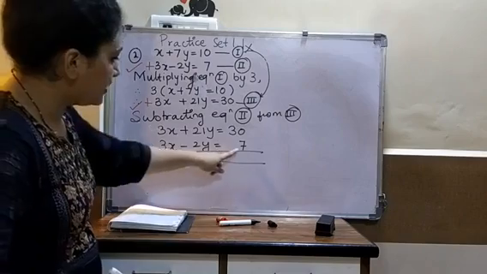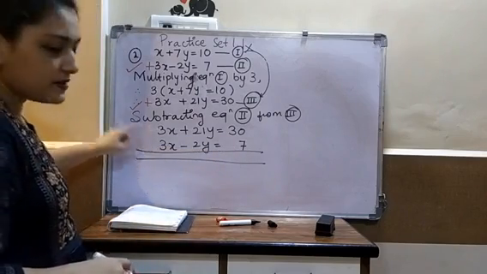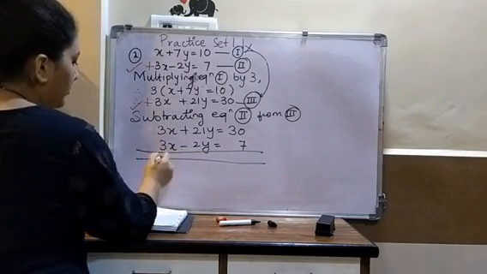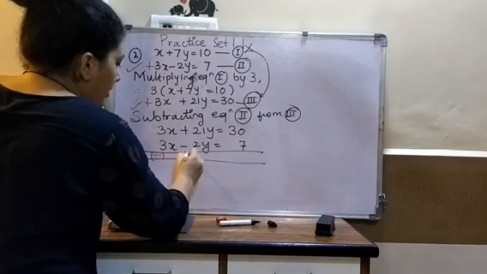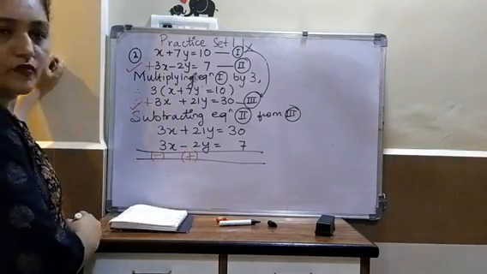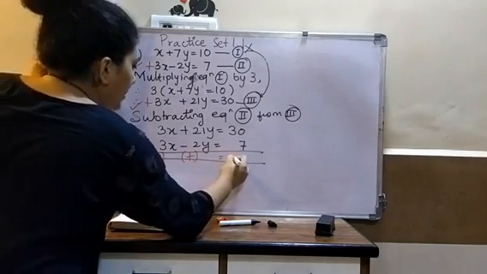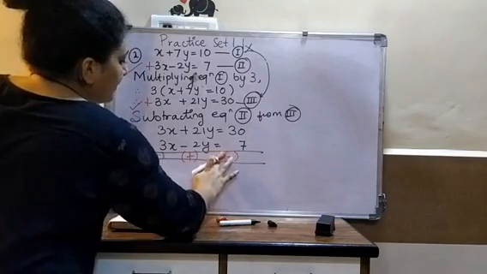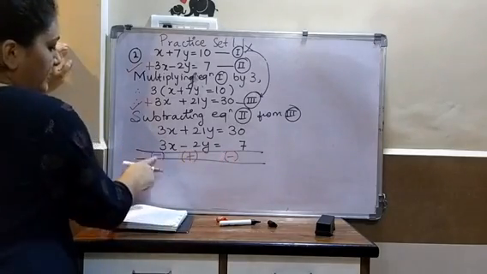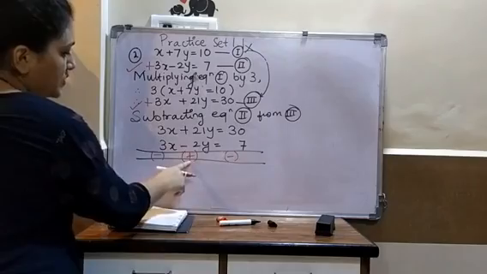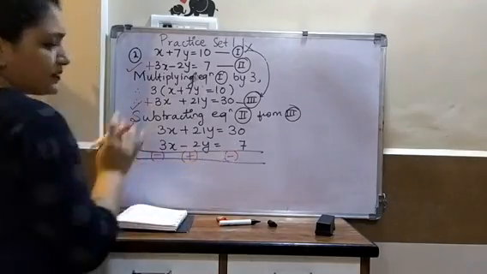So this equation will have the changed signs. So this plus 3x becomes minus 3x. Minus 2y becomes plus 2y, and plus 7x becomes minus 7x. Okay, so I have changed the signs. Plus changes to minus, minus changes to plus, plus changes to minus.